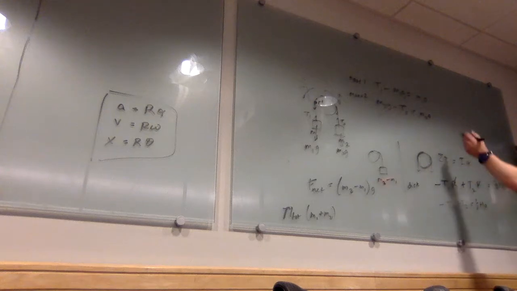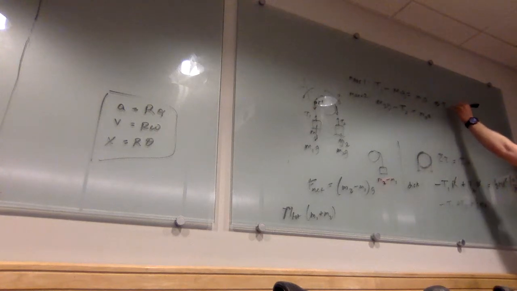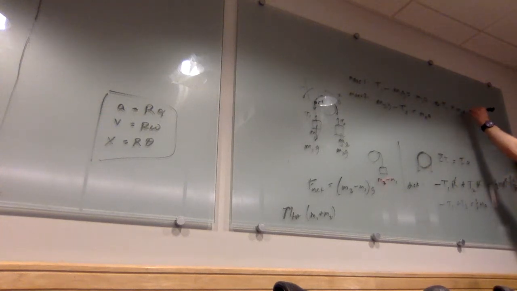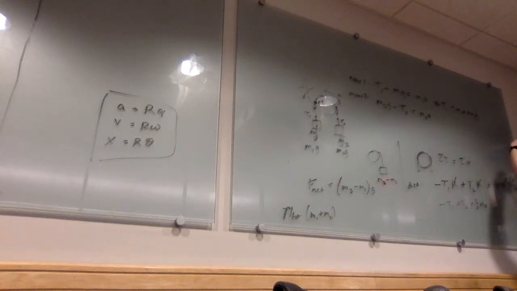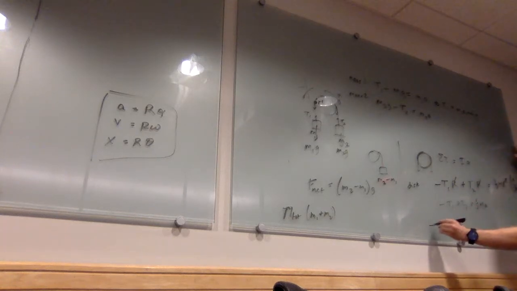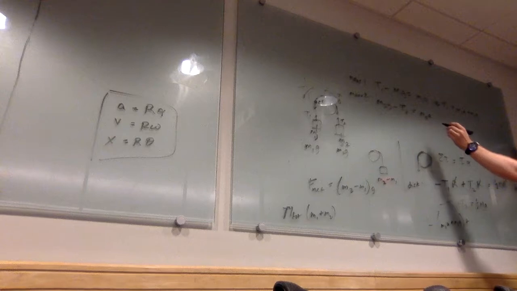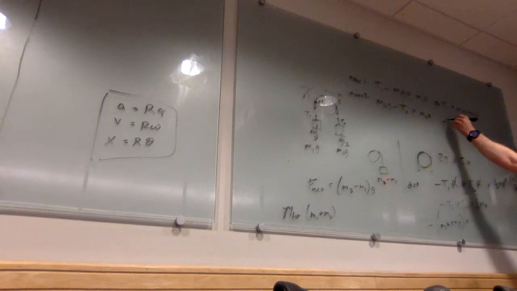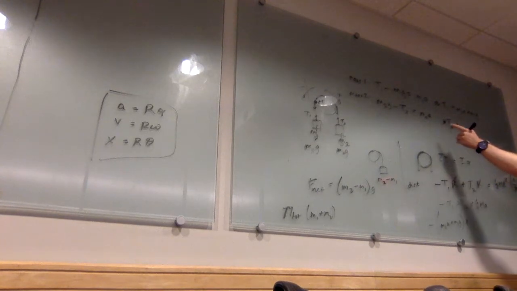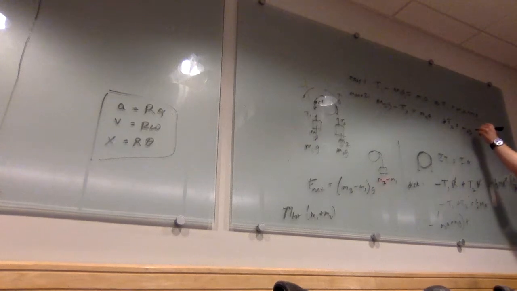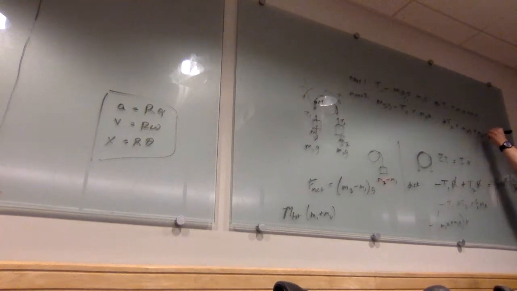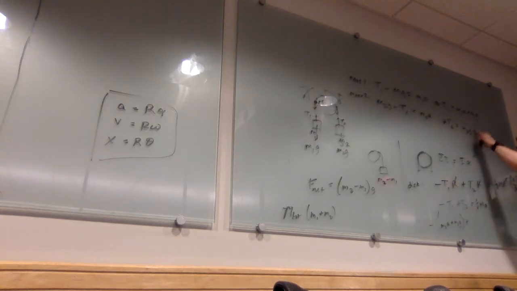But basically what we want to do is solve for T1, plug in T1, we get A. And plug in T2, and we get T2 is M2G plus M2A, because it's the same. Wait, no, minus, sorry. I was wondering.